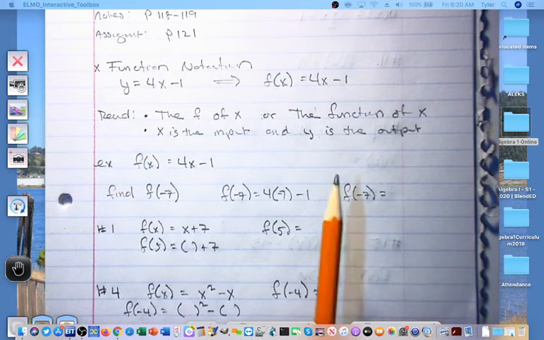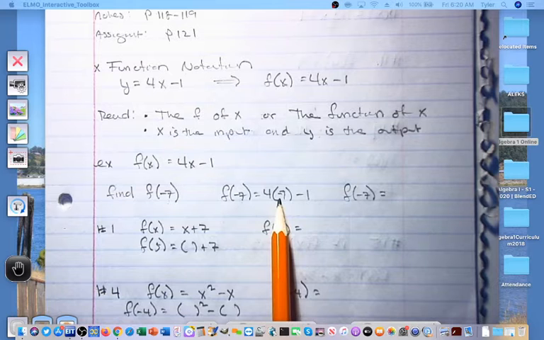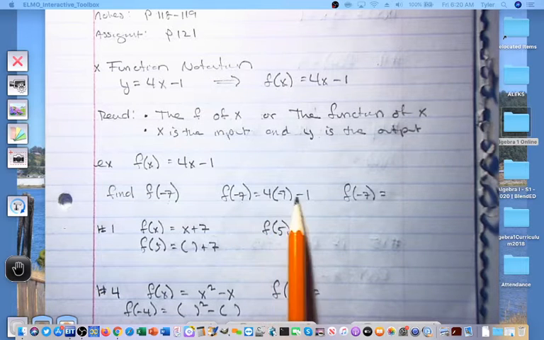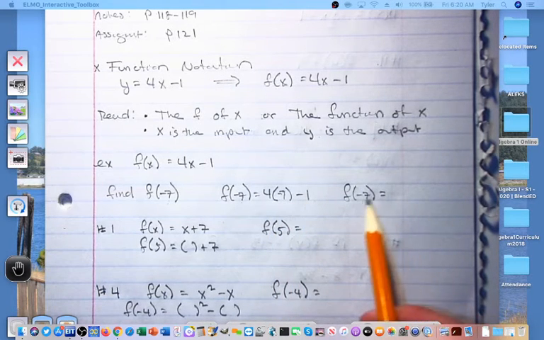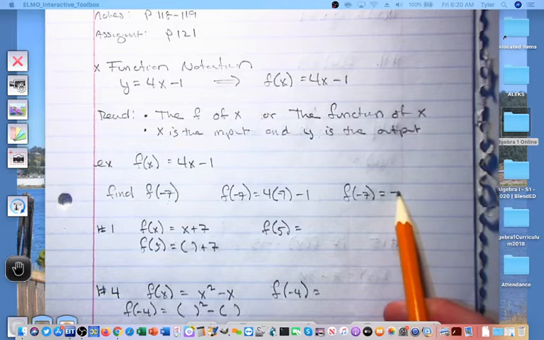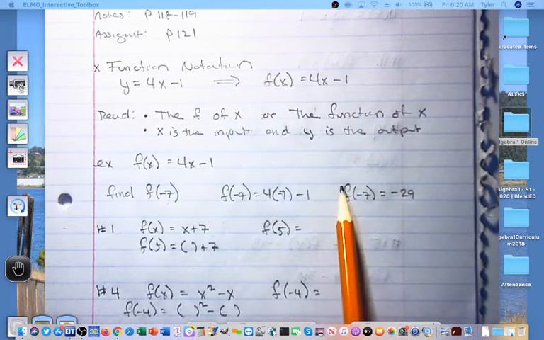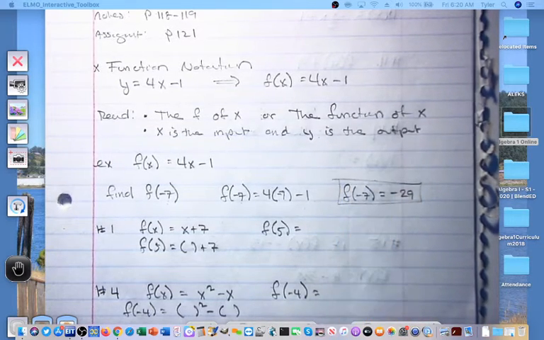And let's figure that out. 4 times negative 7 is negative 28, and negative 28 minus 1 means the f of negative 7 is equal to negative 29. And that's our final answer in this case. We can state the f of negative 7 is equal to negative 29.